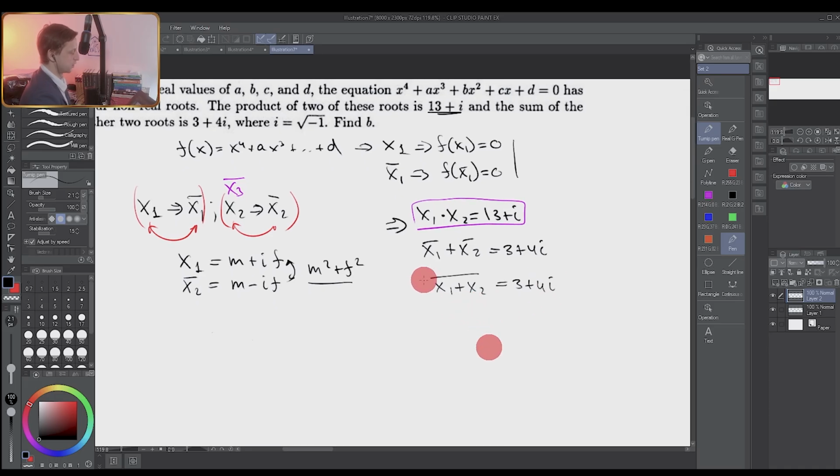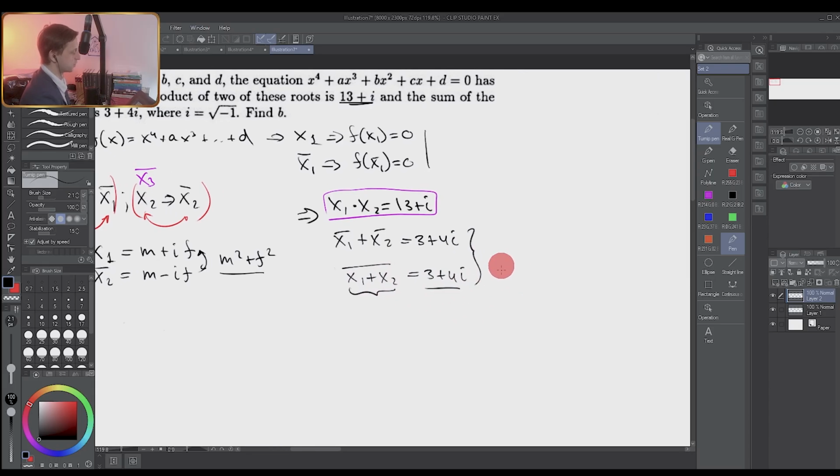And this is it. Immediately what comes to my mind is that if this complex number, the conjugate of x1 plus x2, is 3 plus 4i, I can immediately deduce that x1 plus x2 is symmetrical with respect to the real axis, and it should be 3 minus 4i. And that's what I can get from the conditions that I have.